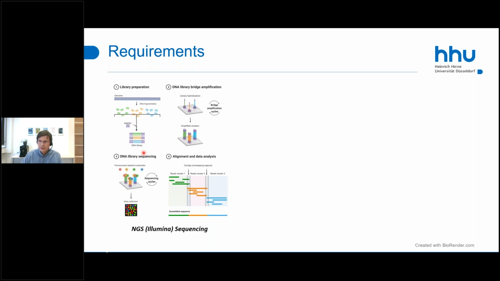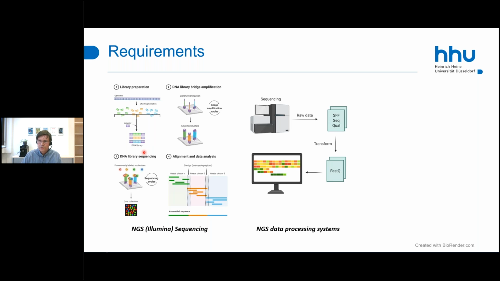But as these are huge data sets, of course, you also need developments in analyzing and processing this. So therefore you also need strong bioinformatics, which allows the analysis of those huge data sets in order to get sense out of it.